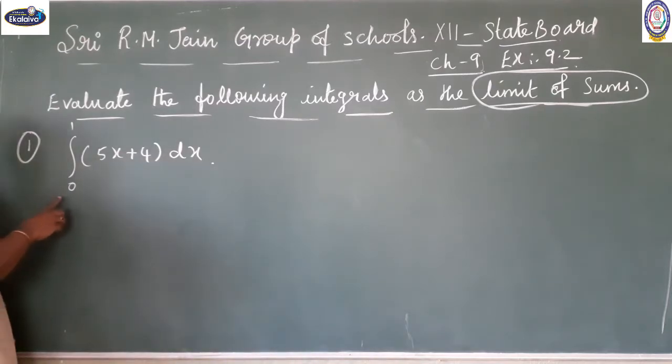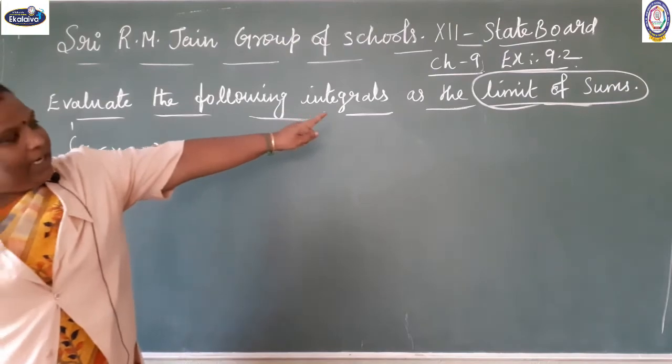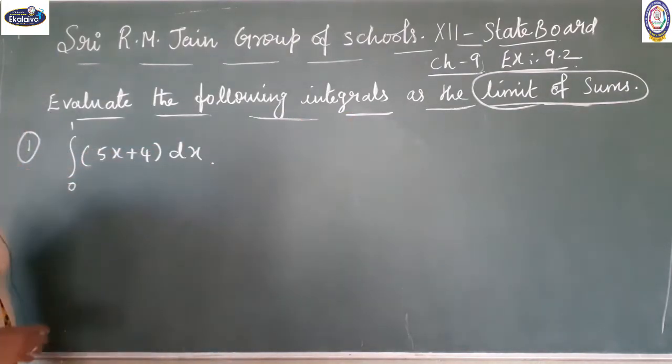See the sum, integral 0 to 1 of 5x plus 4 into dx. If the sum is given like that, as a limit of sum, you can use this formula.